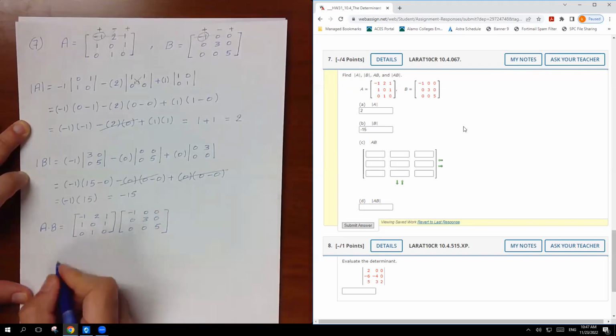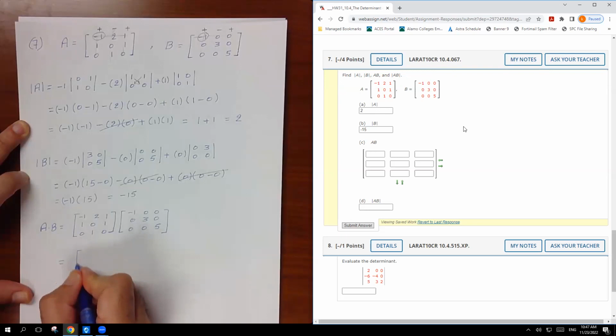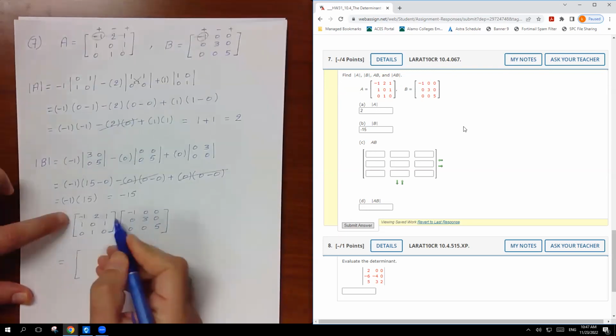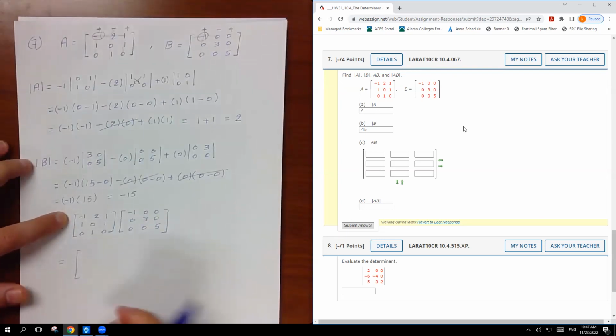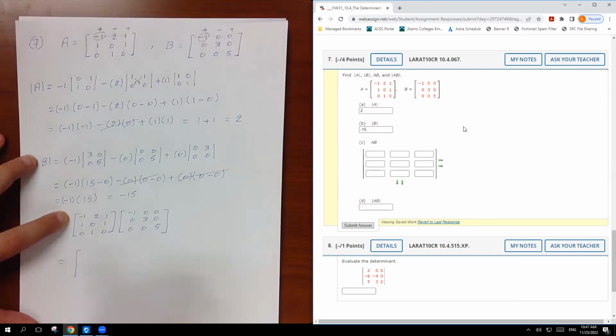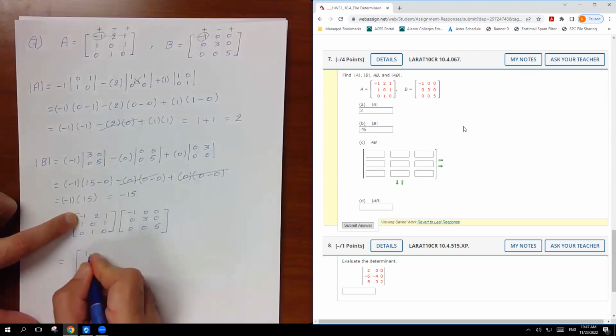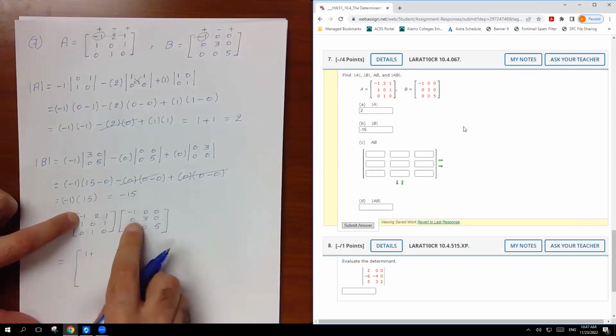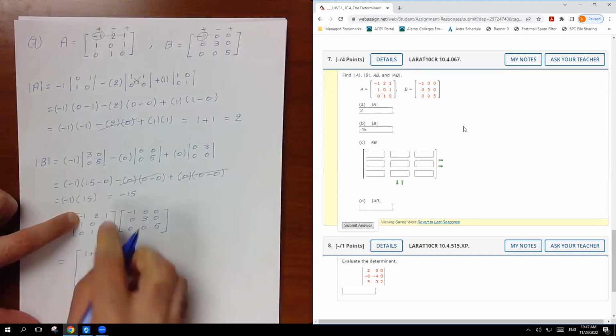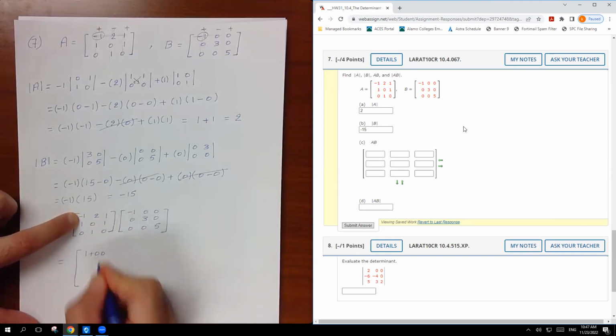Let's do the multiplication, and this one is going to be equal the first row times the first column. So it's going to be -1 times -1 is going to be 1, plus 2 times 0 is going to be 0. 1 times 0 is going to be 0.